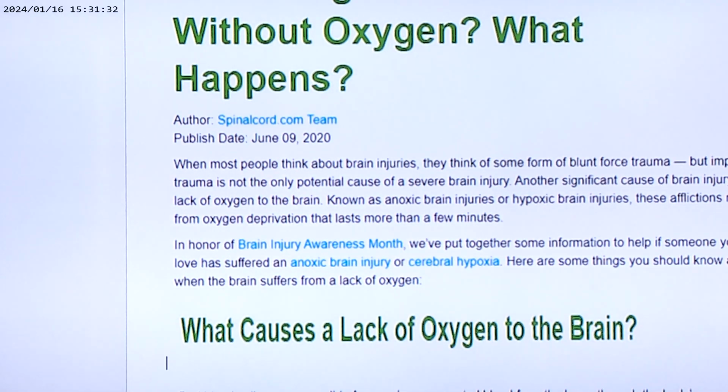These afflictions result from oxygen deprivation that lasts more than a few minutes. Okay? Now, in honor of Brain Injury Awareness Month, we put together some information to help if someone you love has suffered an anoxic brain injury or cerebral hypoxia. Here are some of the things you should know about when the brain suffers lack of oxygen.